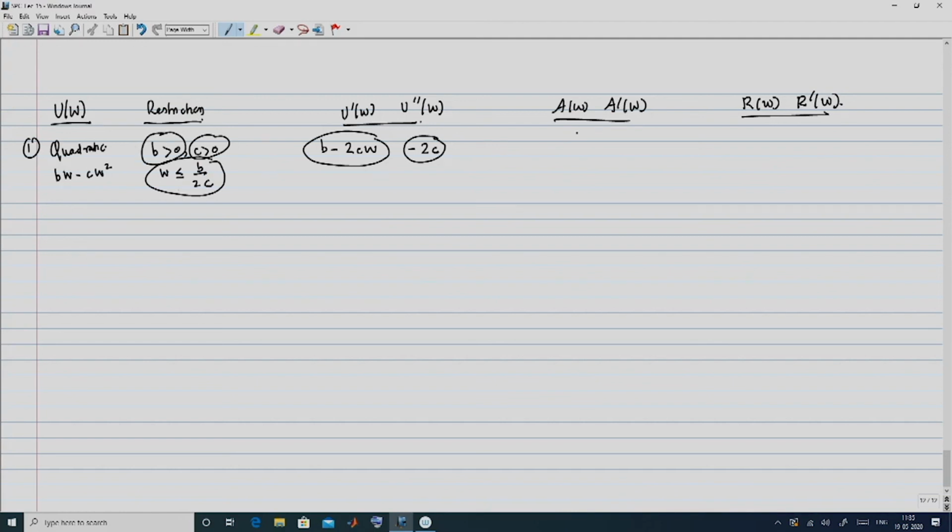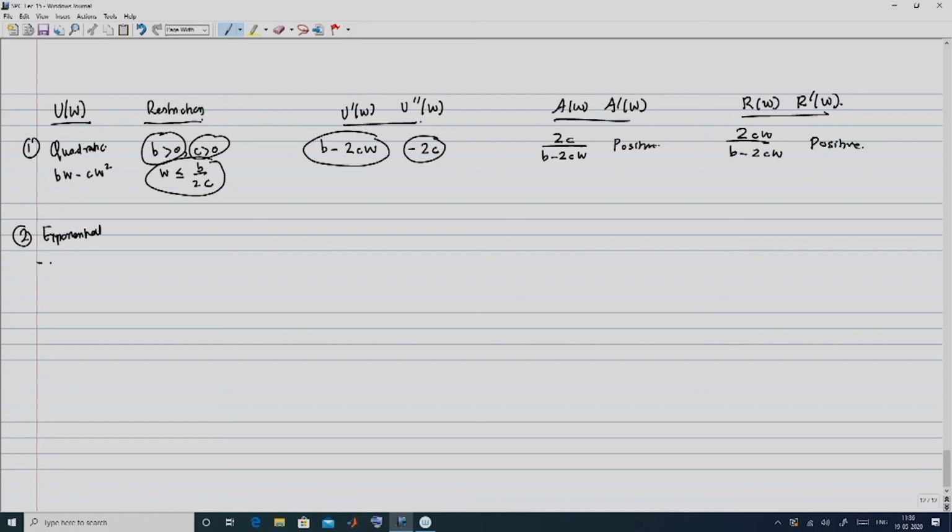The a of w in this case is going to be twice c over b minus twice c w, and so a prime of w is going to be positive, and r of w is twice c w over b minus twice c w, and this is also going to be positive. Okay, the next one that you look at, this is exponential.